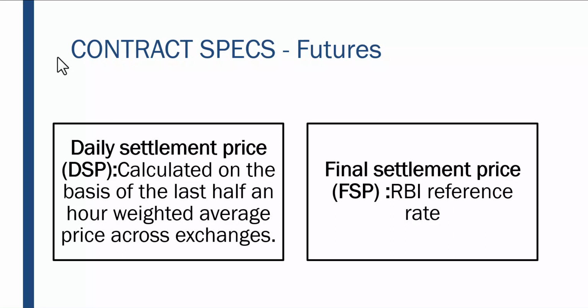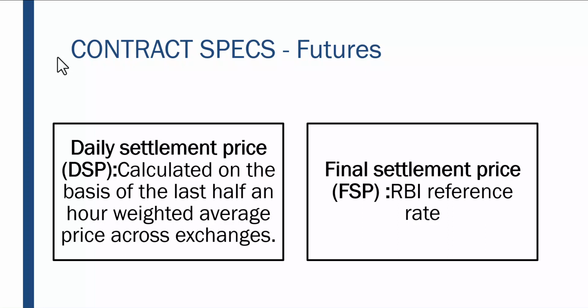So if in the last minute the Sensex has gone up by say 500 points, you'll find the movement will be only 200 or 100 points, because they take the average of the movement based on the last half an hour. A lot of fluctuations can happen during the last half an hour; the market can have wide swings.